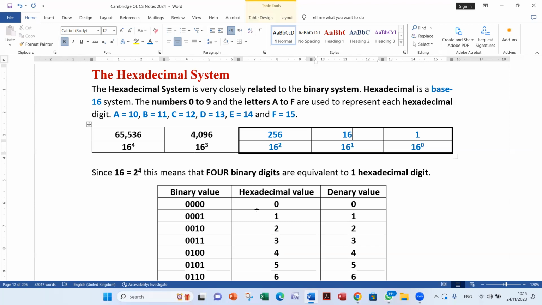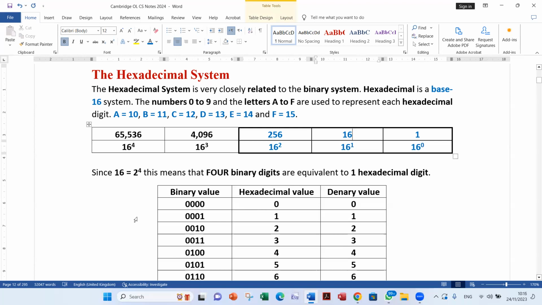I don't think we will be dealing with such big complex numbers. So for the moment, please memorize that column headings are 1, 16, 256. This is 16 to the power of 0, 16 to the power of 1, 16 to the power of 2, and the rest don't memorize. I don't think they will show in the exam because that would be too complex and you are not allowed to use calculators.